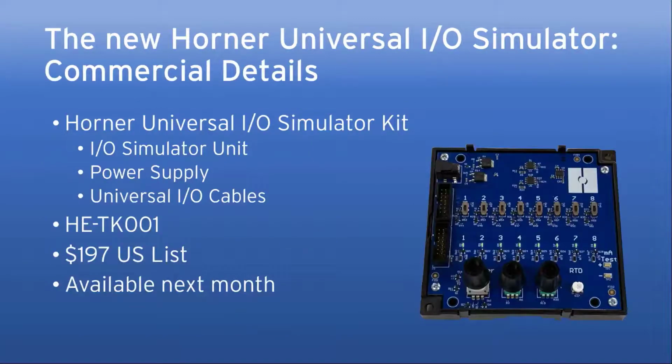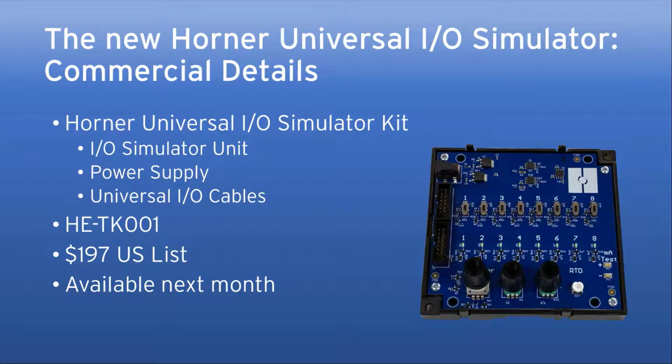Let's go ahead and talk some more about the commercial details. We've seen all the technical details. Let's talk the commercial details. Okay, so again, what's included in the kit is the simulator unit itself, a 24 volt DC power supply, and the universal I/O cables that I showed you that have ferrules on the end, so you can connect them to whatever I/O family or I/O unit you choose.